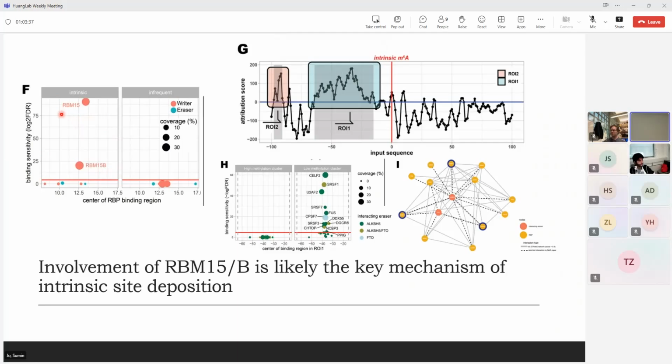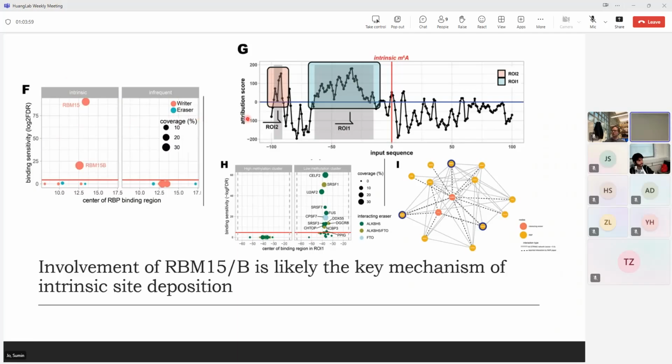So altogether, what we are arguing is that RBM15 and RBM15B are the key accessory proteins that recruit the methyltransferase close to the intrinsic site so that they can methylate it context-independently.